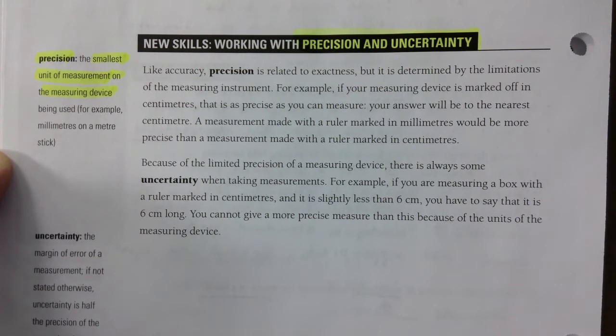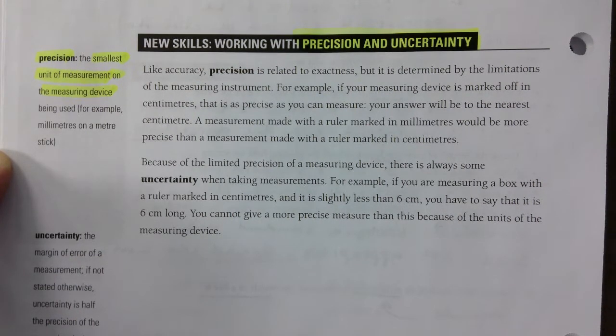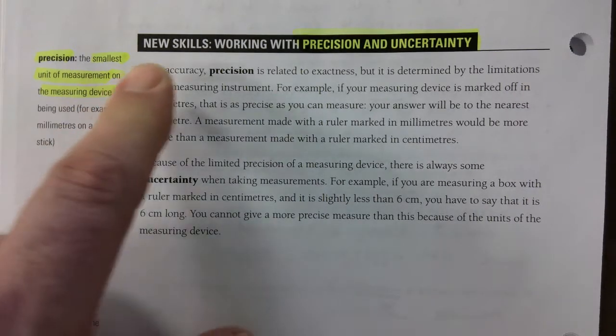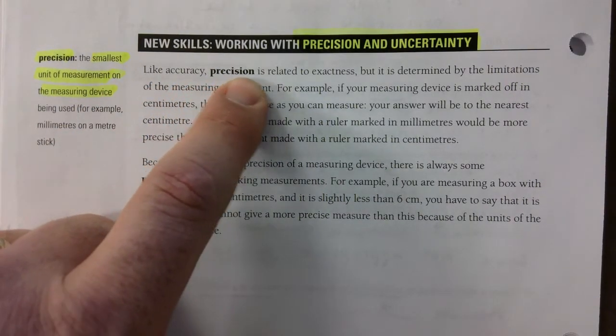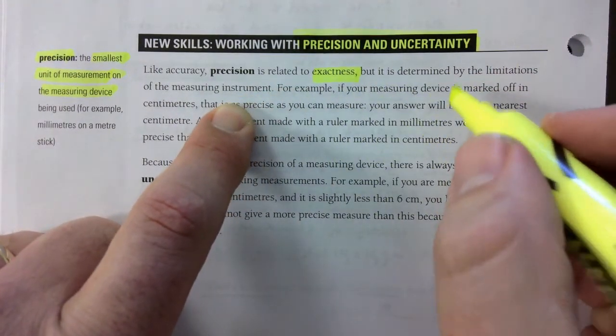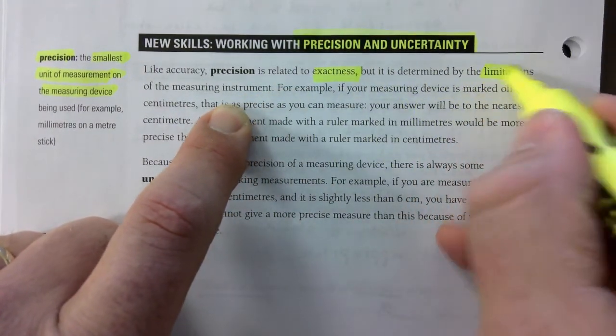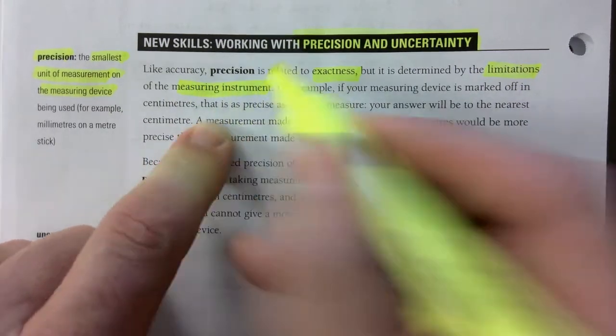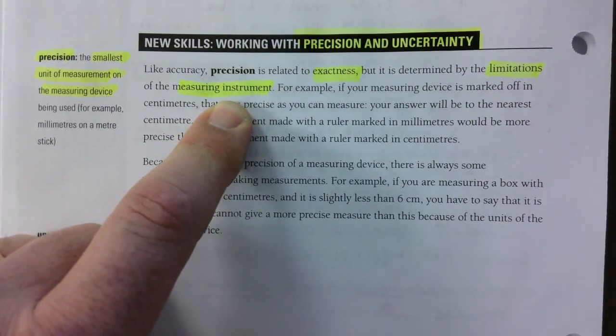That's very important. Like accuracy, precision is related to the exactness, but is determined by the limitations of the measuring instrument. Every measuring instrument has a limitation.